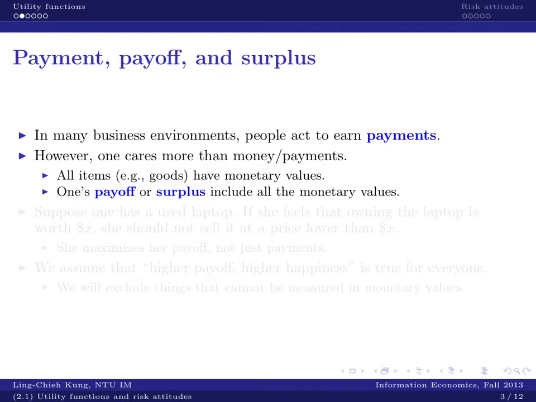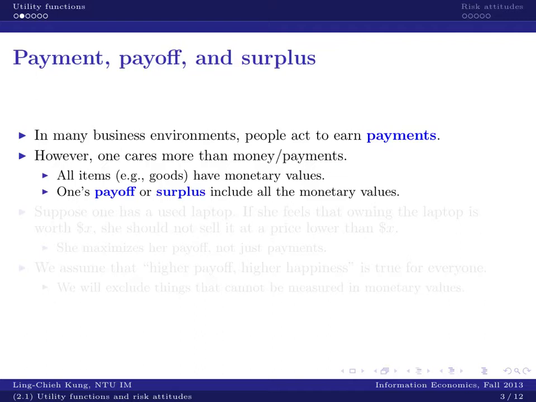So let's move on. In many situations, what do people do? People do things to earn some payments. For example, I sell a product, then I can get payments from those buyers. However, in many situations, we care about more than money or payments. Just one very simple example: when I have a television, that creates some benefits to me, right?